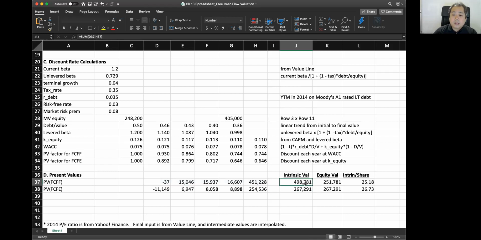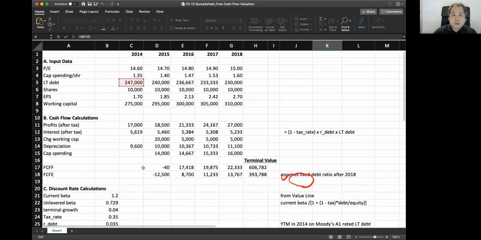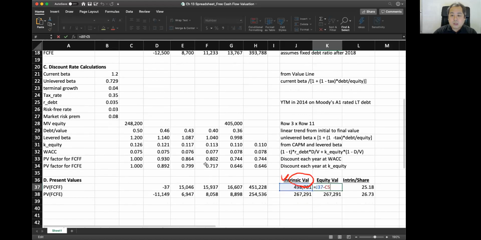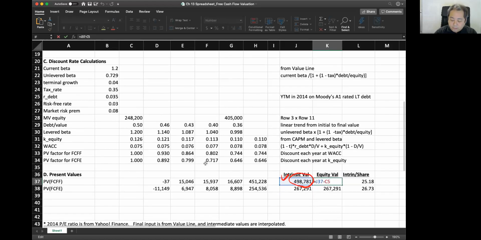Now the problem is this includes the debt value too. So this intrinsic value includes the debt value. So you only want to get the equity value, which should subtract by the current long-term debt. So what you can do is, if you get the firm value, right, minus long-term debt 14, so 14, that will be the equity value. So value of equity 14. Okay.